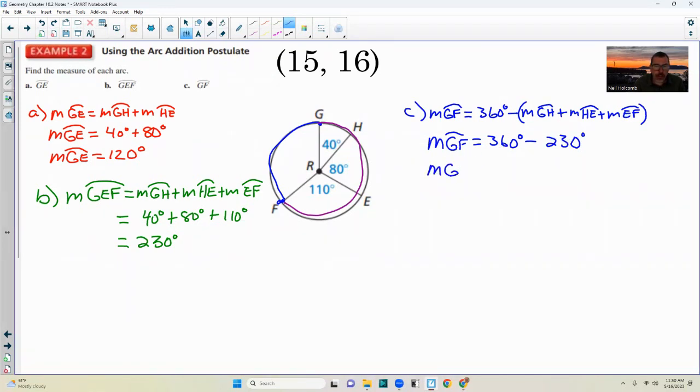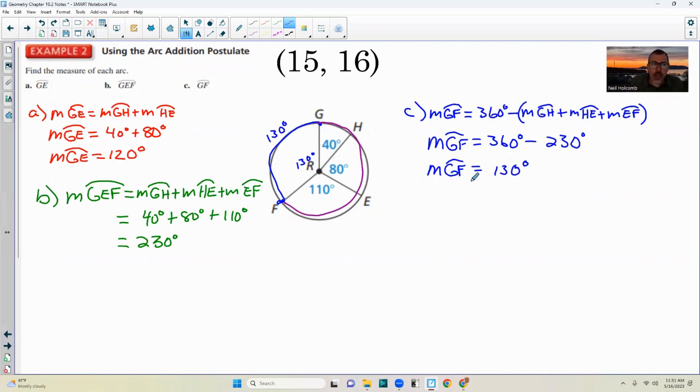The measure of arc GF equals 0 minus 0 is 0, 6 minus 3 is 3, 3 minus 2 is 1, and the arc GF is 130 degrees. That also tells me that the measure of angle GRF is 130 degrees. And if we add all these up, we should get 360 degrees.